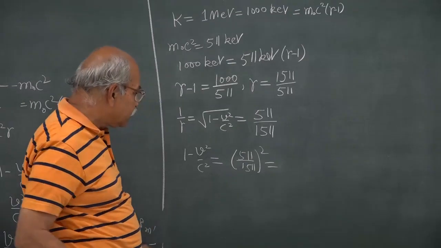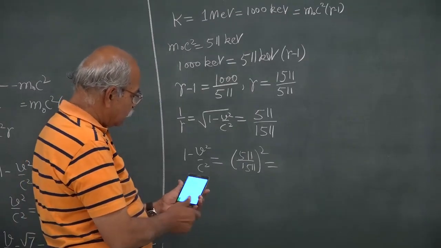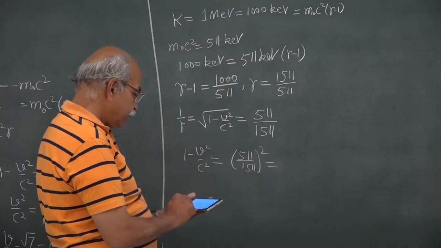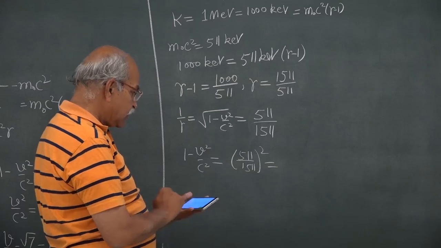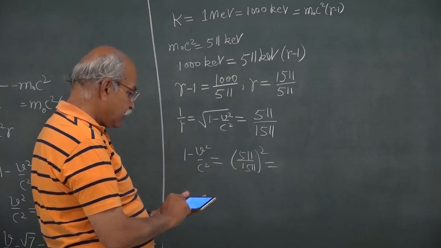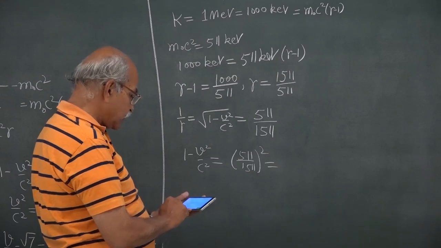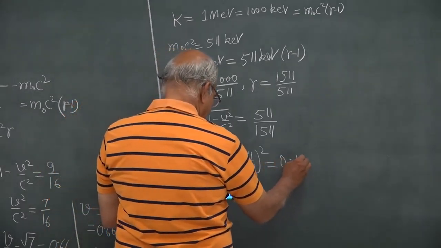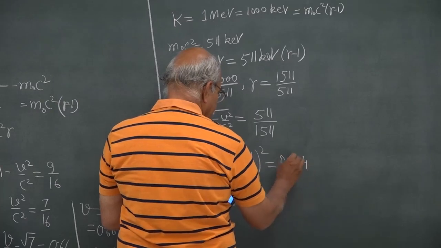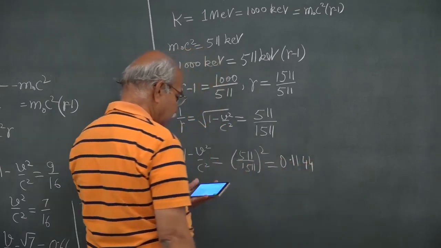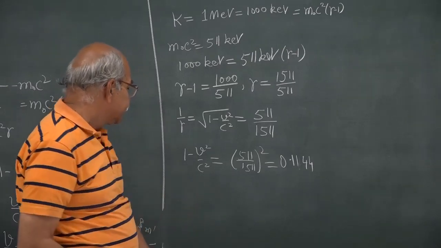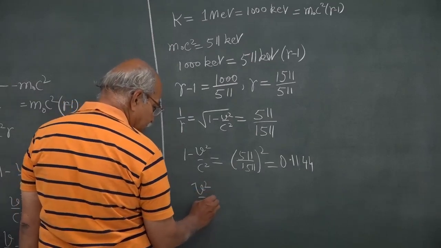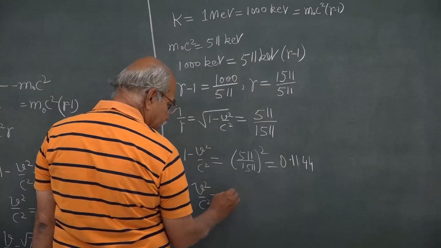If I do that on my calculator, I get 0.11437 or so. So let us write 0.1144. So that is 1 minus v square by c square, and therefore v square by c square is 1 minus this quantity.